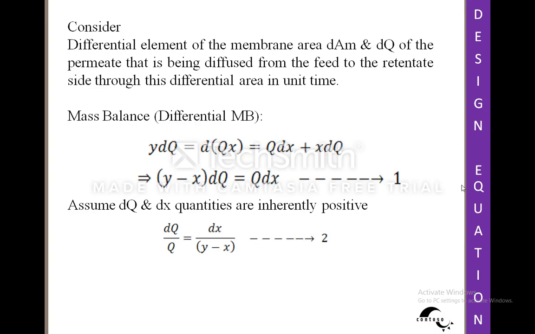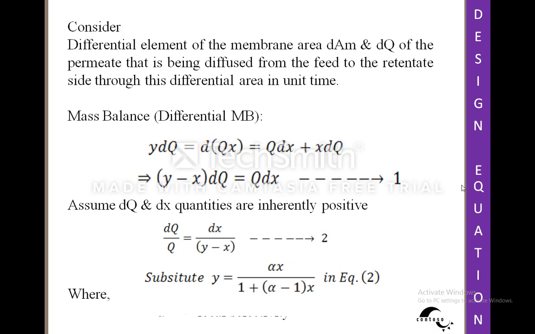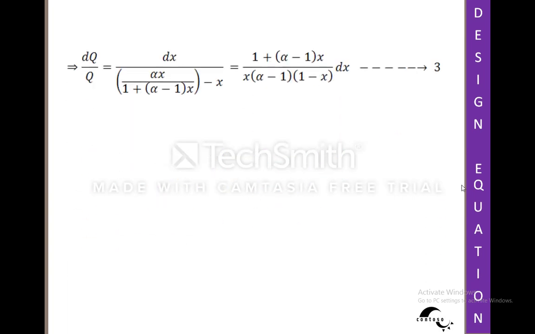Here we have dx on the right side, but in the denominator you have y and x, two variables. So you need to convert y in terms of x. Substitute y is equal to alpha x by 1 plus (alpha minus 1) into x, where alpha is your local selectivity or the local separating factor.